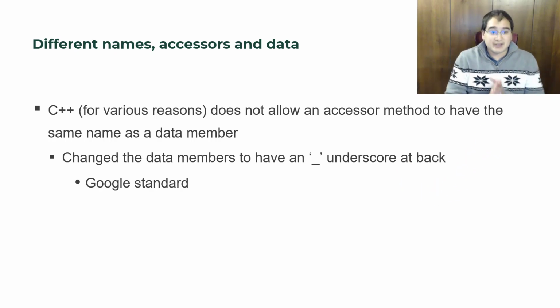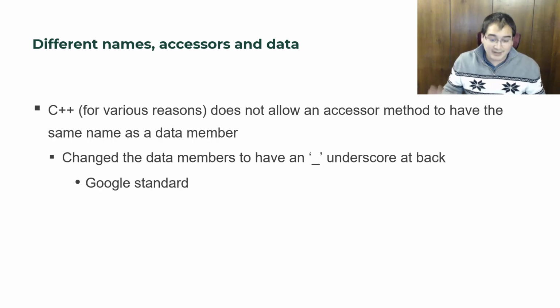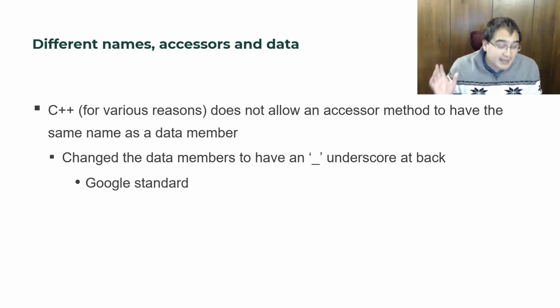Now, one thing to note is that C++, unfortunately, unlike some other languages, doesn't allow an accessor method to have the same name as a data member. You can't have an hours data member and an hours member function. So what people generally do is have all of their data members end with an underscore.